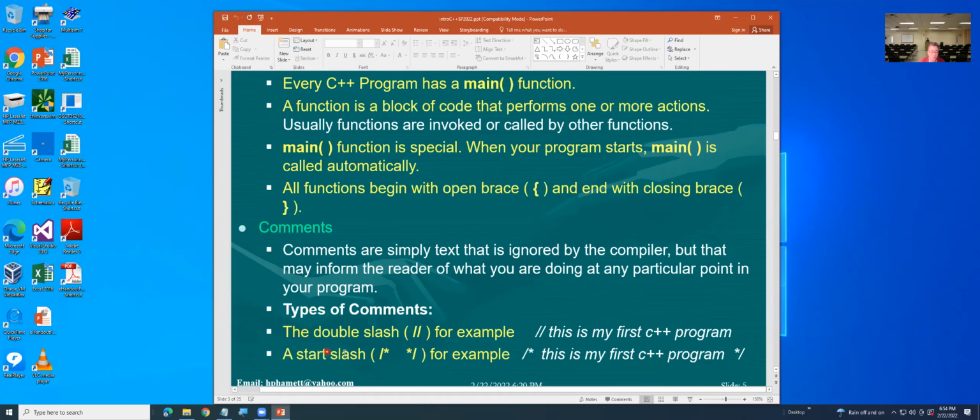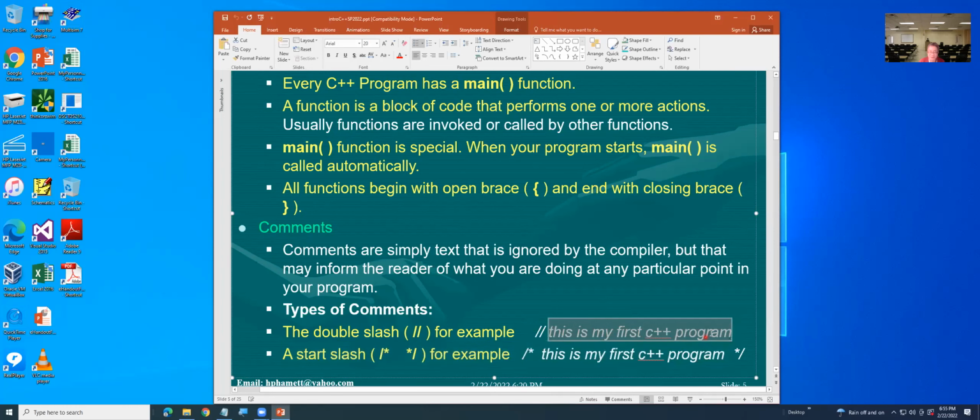First, you put a double slash, then whatever you type after it is considered a comment. For example, this is my first C++ program. So the compiler doesn't check anything.